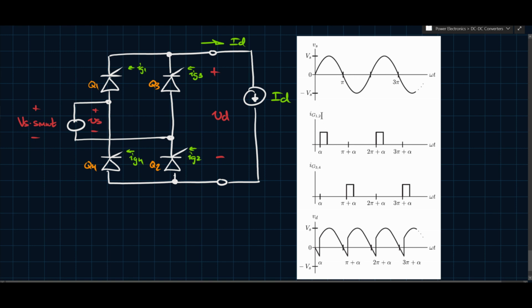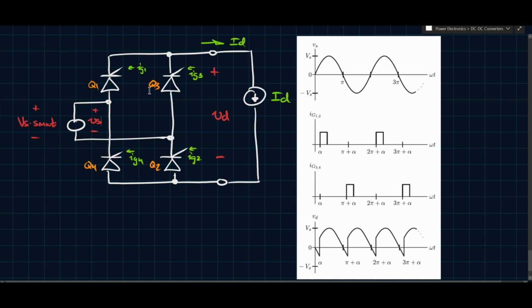We also see that Ig1 and 2 is the same pulse, and Ig3 and 4 is the same pulse. That's because they're diagonally pairwise conducting. The Ig1 and 2 pulse takes place between 0 and pi, and Ig3 and 4 takes place between pi and 2 pi.